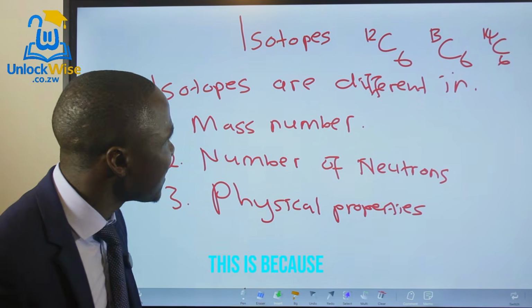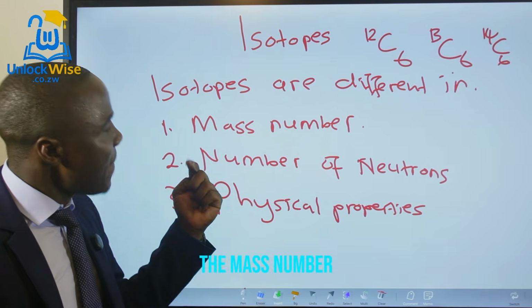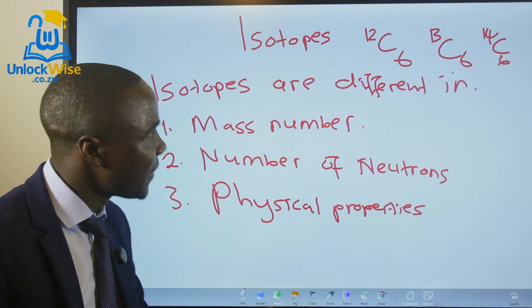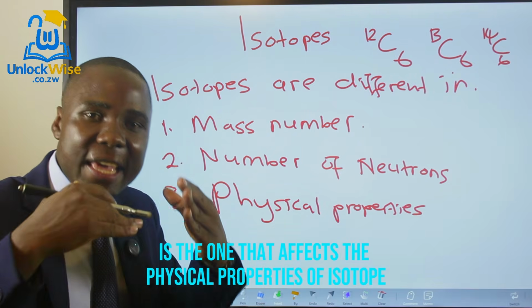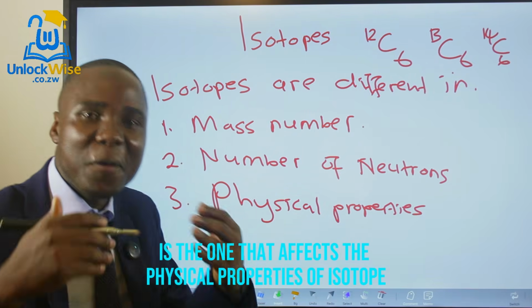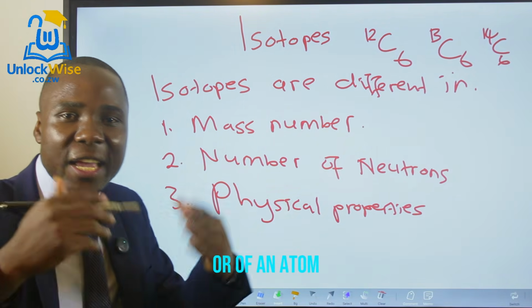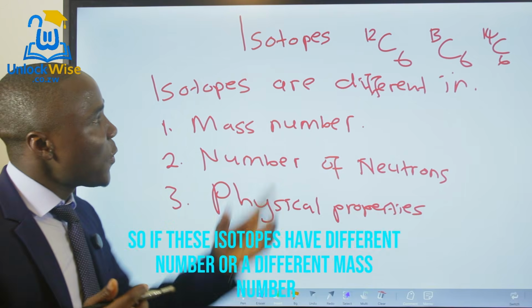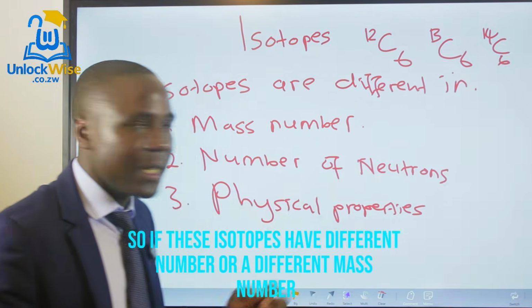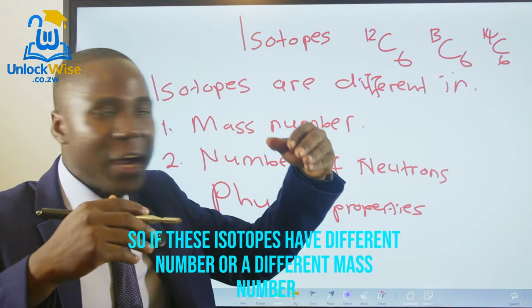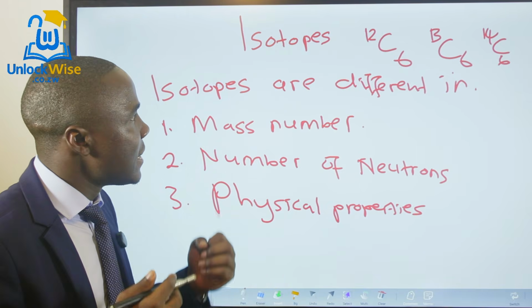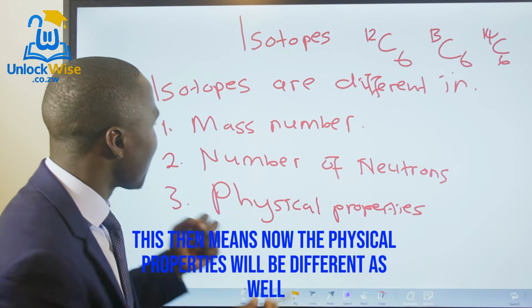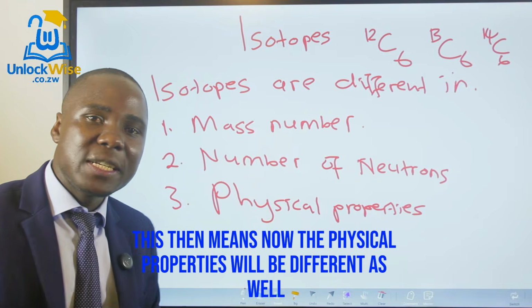This is because the mass number is the one that affects the physical properties of an isotope or of an atom. So if these isotopes have different mass numbers, this then means the physical properties will be different as well.